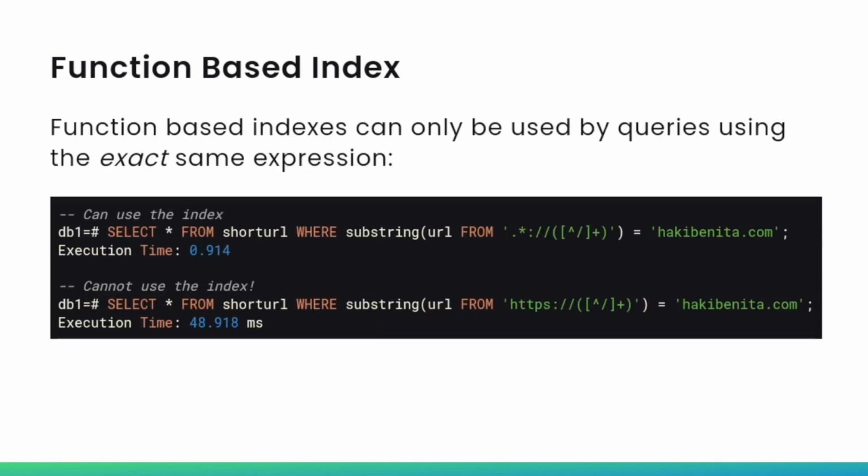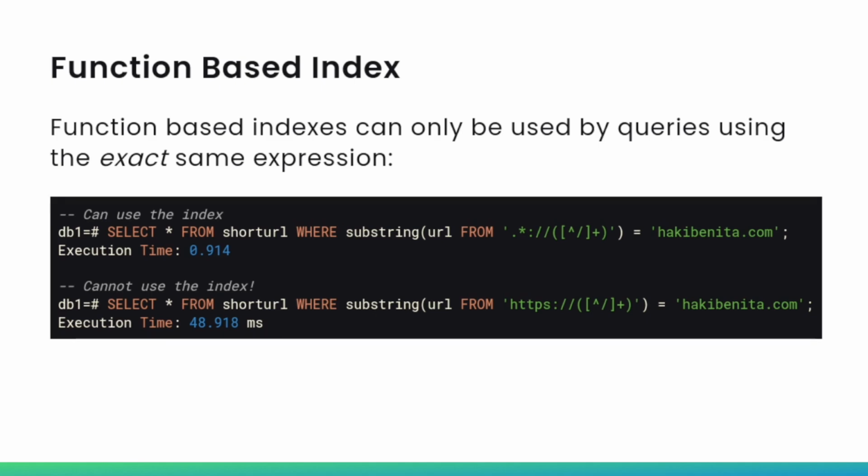Now, one thing you really need to be careful with function-based indexes is that you need to use the exact same expression. If you look at the top query, I'm using the exact same expression, and the query is very fast because the database was able to use the index.